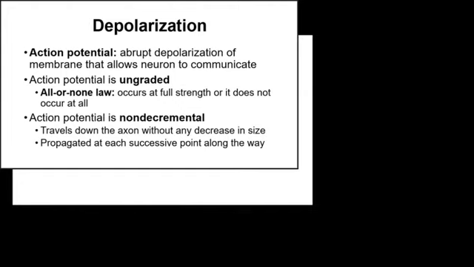So with action potentials, we have what's called the all or none law. This basically says that action potentials will occur at full strength or they won't occur at all. If we hit that threshold, if we get to the point that those ion channels can open, then the whole cell is going to fire, the process is going to go along the length, or we won't hit that threshold, they won't open up, and it won't trigger a full-scale response.